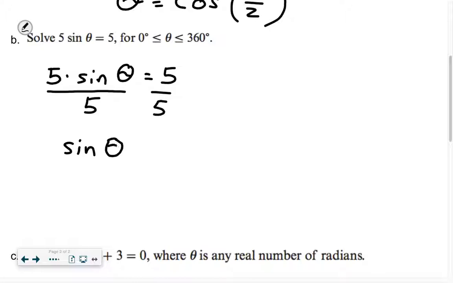So I have the sine of theta is equal to 1. What's the inverse of a trig function? The inverse trig function, yeah. An appropriate name, right? If you understand what it's used for. Just like addition is the inverse of subtraction.